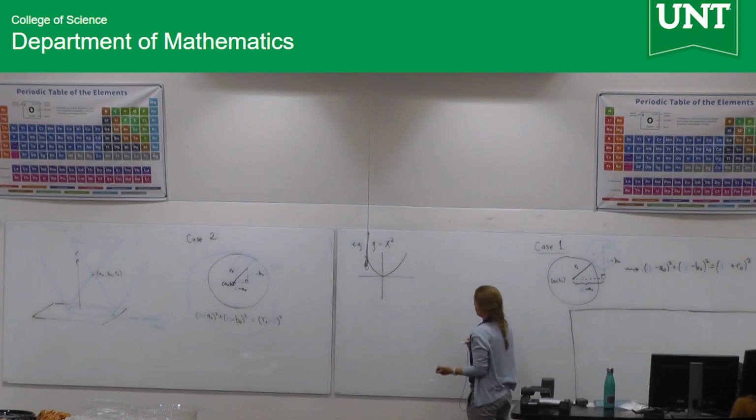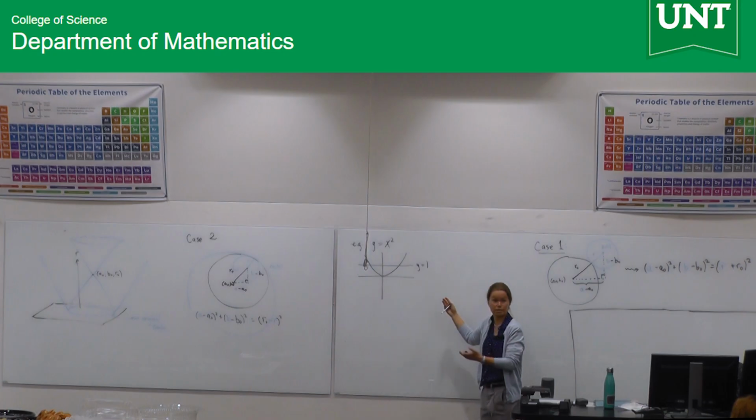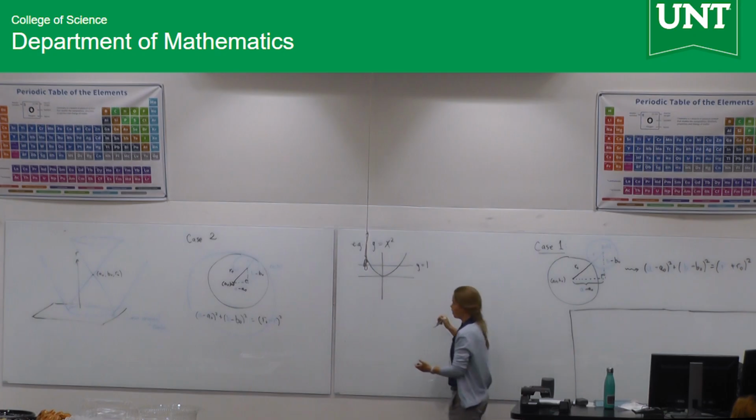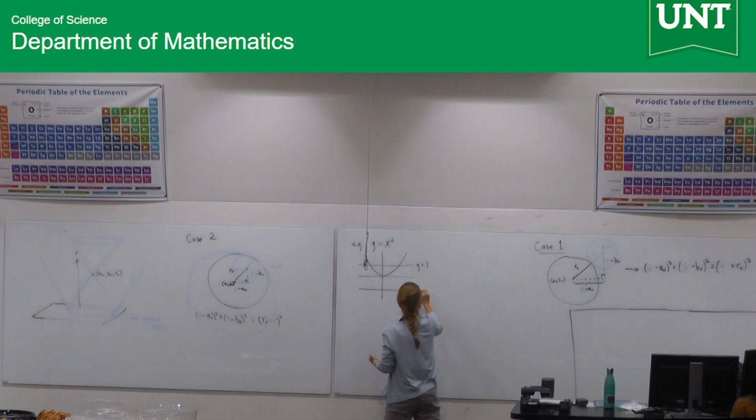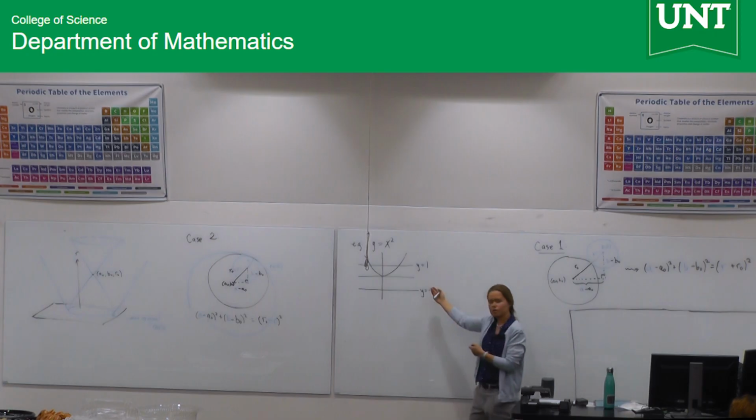If I intersect that with the line y equals 1, there are 2 points of intersection. But when I intersect with the line y equals minus 1, I see no points of intersection. But if I decided to work over the complex numbers instead, there would be some intersection points here.